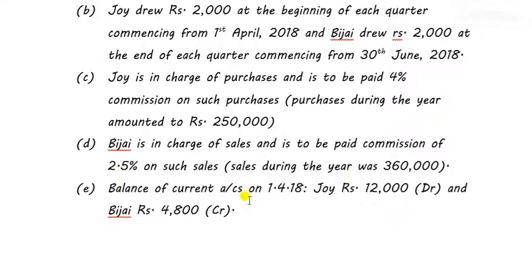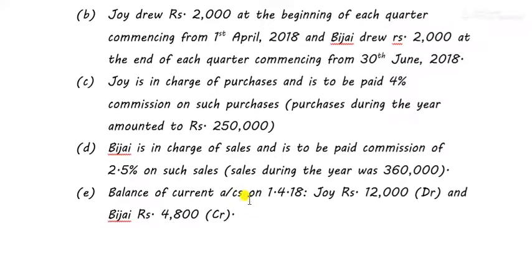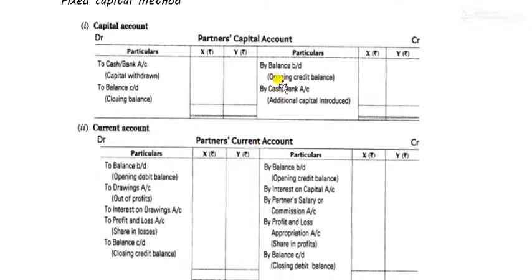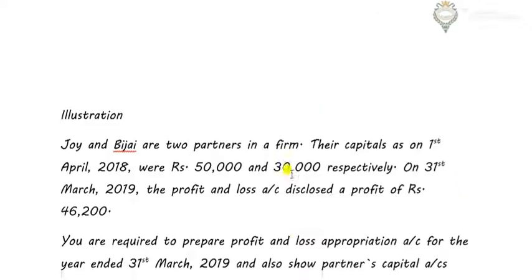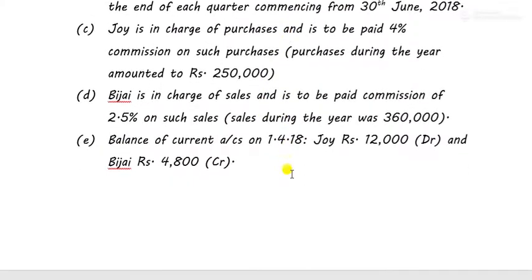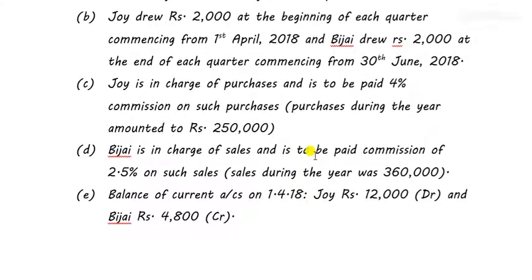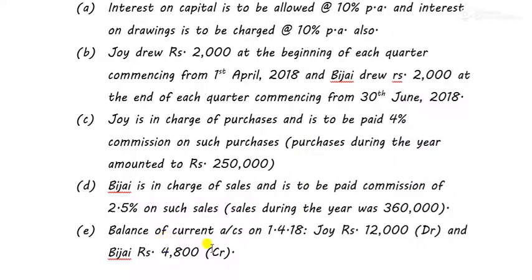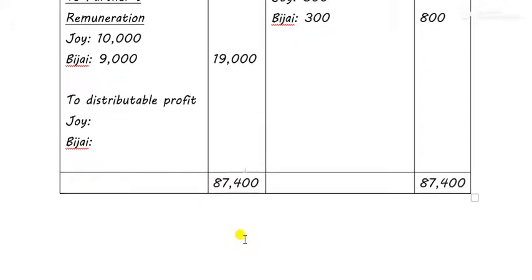Now, the balance of current account. I told you that a current account also has a balance, just like a capital account. So they have given you the balance of current account: 12,000 and 4,800. Joy 12,000 debit and Bijoy 4,800 credit.